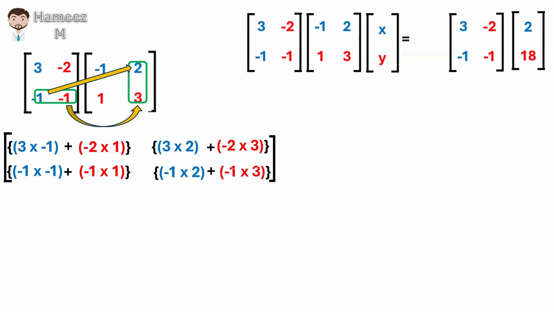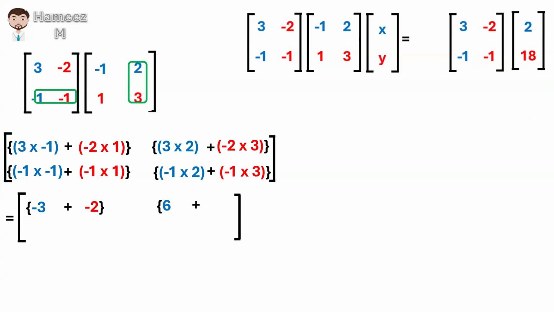And now we can simplify. So that is going to give us minus 3, minus 2 multiplied by 1 is minus 2. 3 2's are going to give us 6, and minus 2 by 3 is minus 6. Minus 1 by minus 1 is 1, and minus 1 by 1 is minus 1.